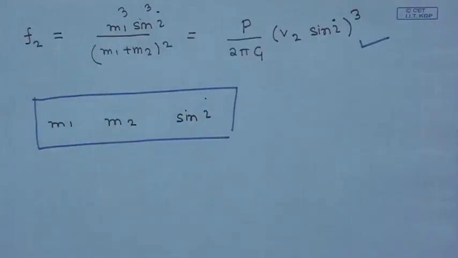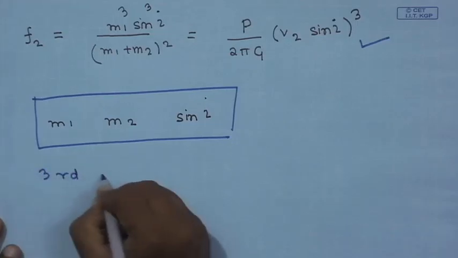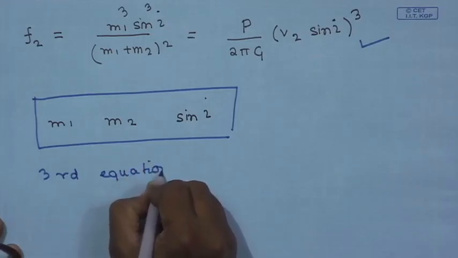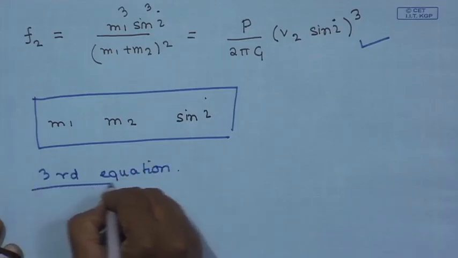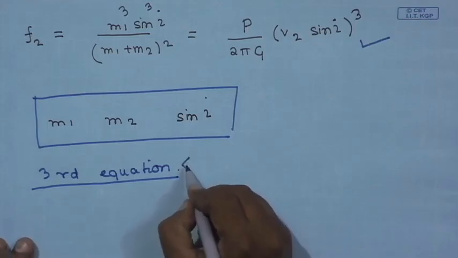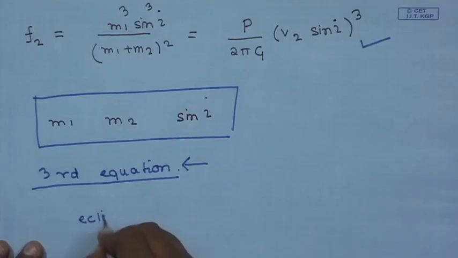In principle, you require a third observation, a third equation, and such an observation, a third constraint, becomes available if you have an eclipsing spectroscopic binary, for example.